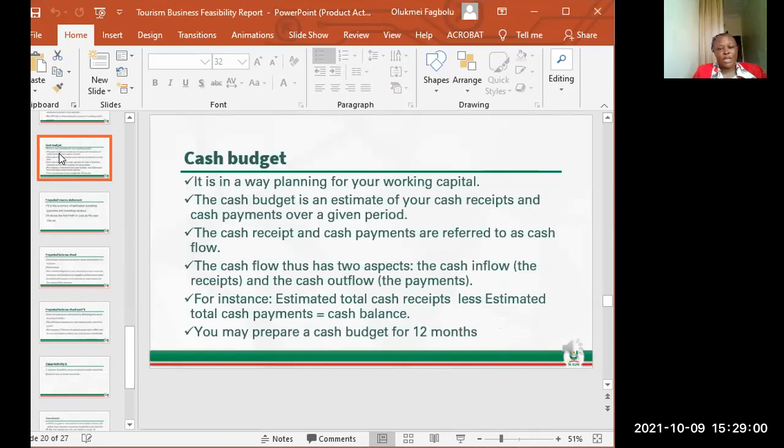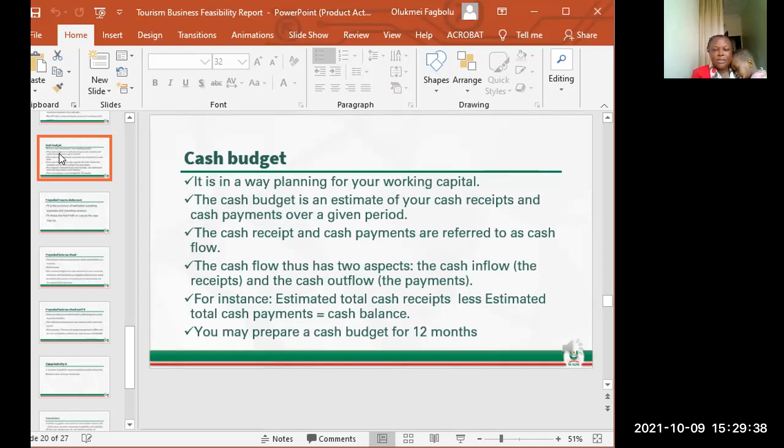Then cash budget. When we talk of cash budget, it is in a way planning for our working capital. The cash budget is an estimate of our cash receipts and cash payments over a given period. And the cash receipts and cash payments are referred to as what? Cash flow. And the cash flow has two aspects: the cash inflow, the cash receipts, and the cash outflow, the payments.